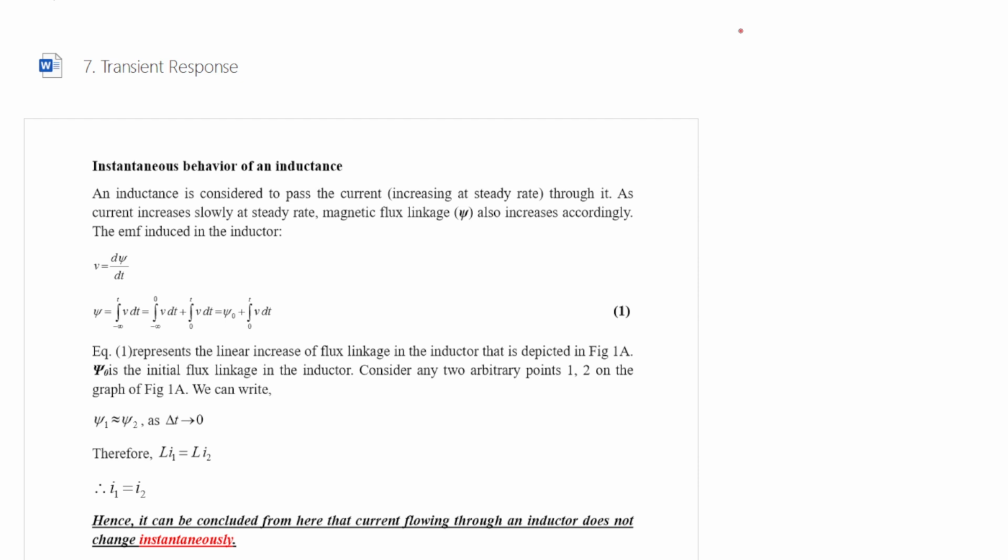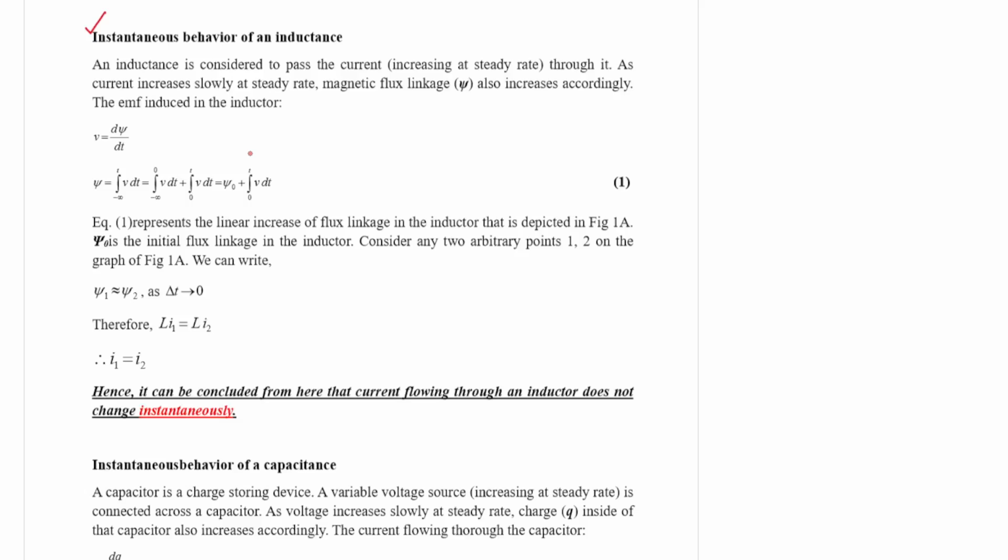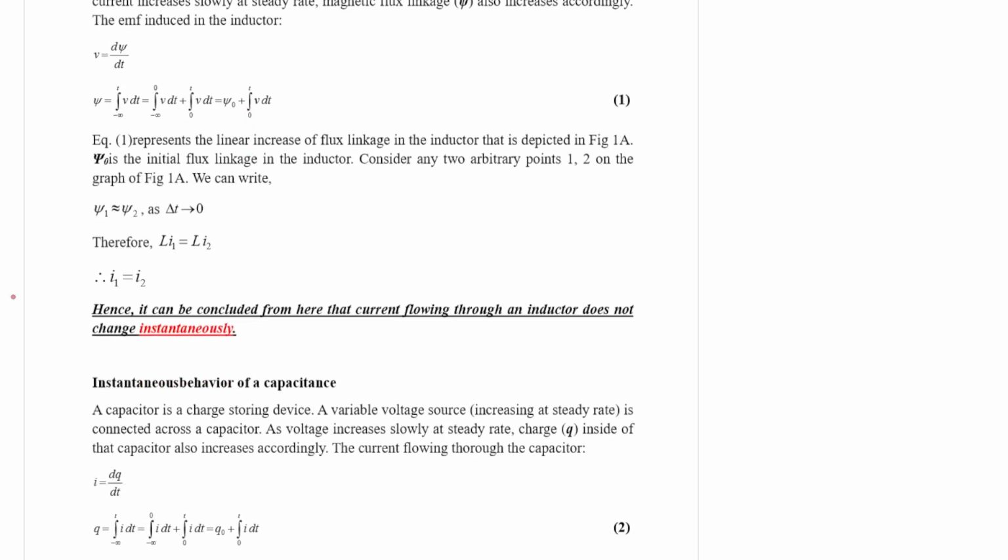As of now, inductance and capacitance are very important parameters, two elements of an electrical network. So first, let us try to understand the behavior of an inductance during transiency, and thereon we will study the behavior of a capacitance during transiency, or instantaneous behavior we shall study.